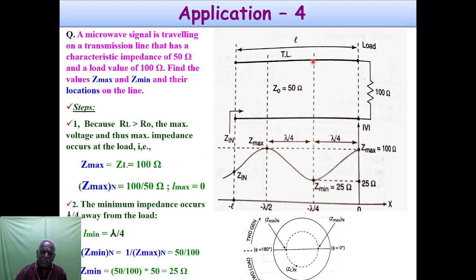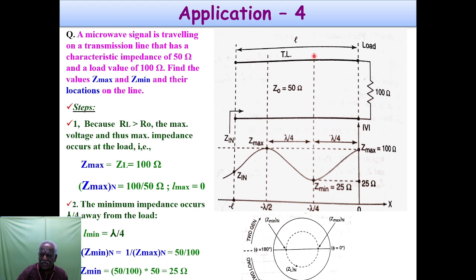Now in application number 4, we are going to find Z maximum, Z minimum and their positions: at what position the maximum value of the impedance appears, and at what position the minimum value of impedance occurs. This we are going to determine in this problem. A transmission line is given, the load value is 100 ohms.